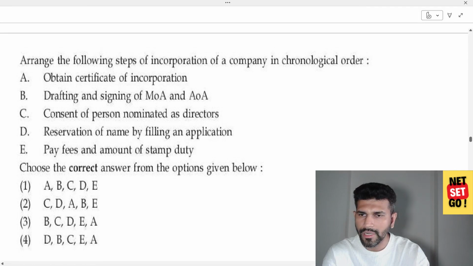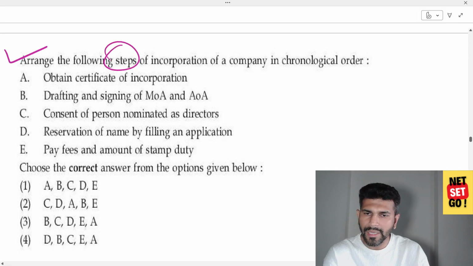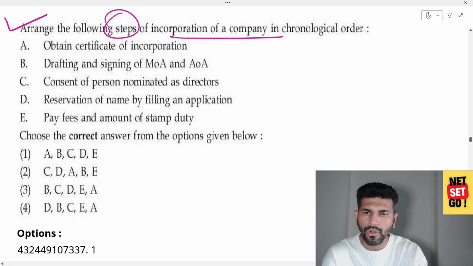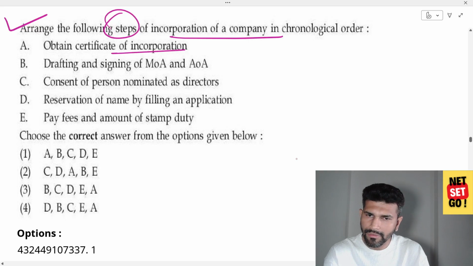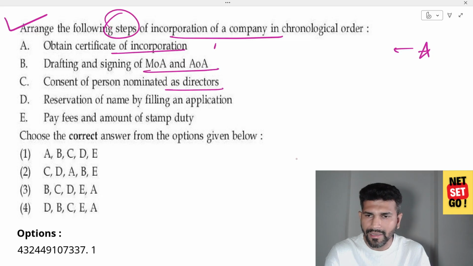Next, question number 35. Arrange the following steps of incorporation of a company in chronological order. Obtain certificate of incorporation, that will be the last step. Drafting and signing of MOA, AOA, consent of person nominated as director, reservation of name by filing the application. This will be the first step. Pay fees and amount of stamp duty.